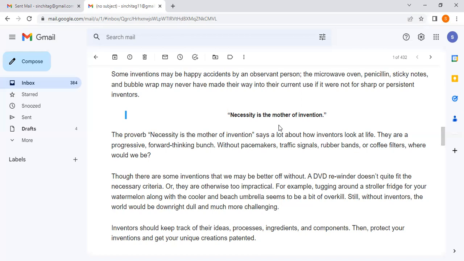Very good. Read the paragraph. A proverb, necessity is the mother of invention, says a lot about how inventors look at life. They are a progressive, forward-thinking bunch. Without pacemakers, traffic signals, rubber bands, or coffee filters, where would we be?